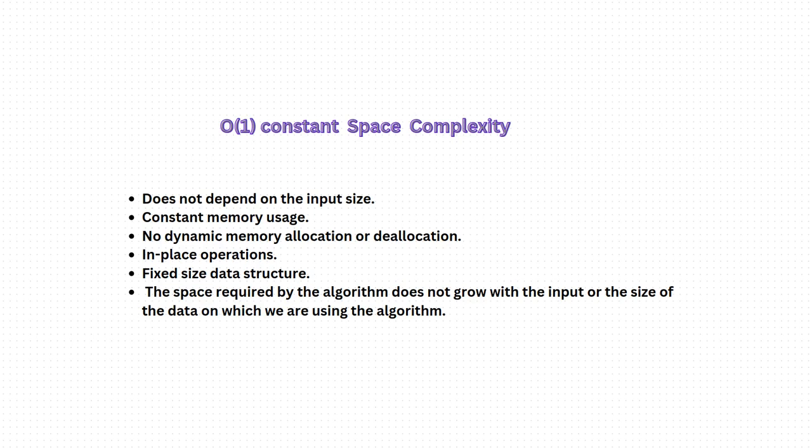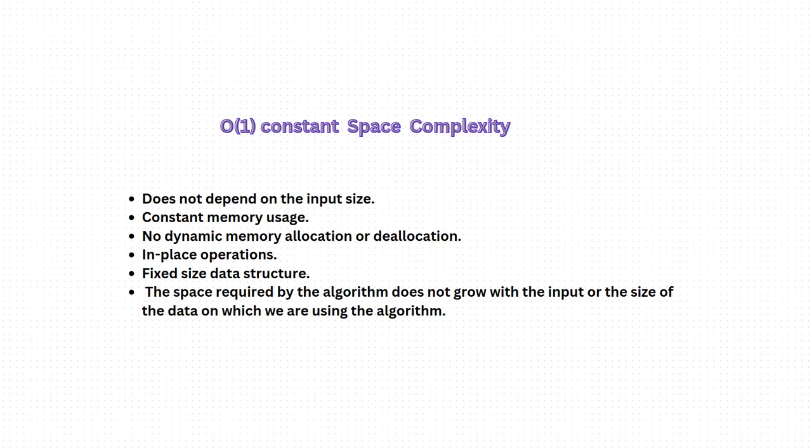So what are the criteria? The first criterion you will see is that the algorithm does not depend on the input size. So when an algorithm does not depend on the input size, the algorithm is said to have constant space.